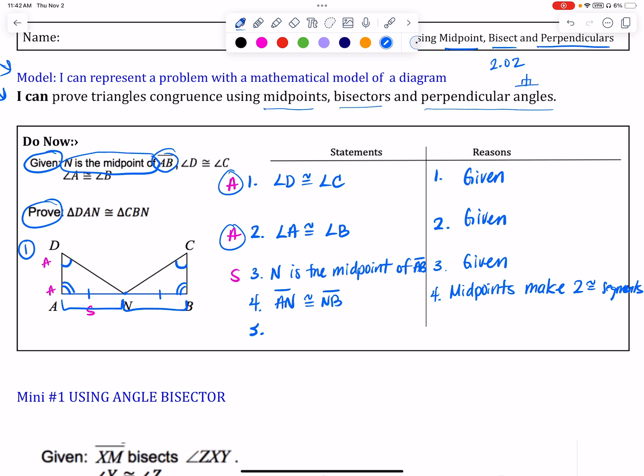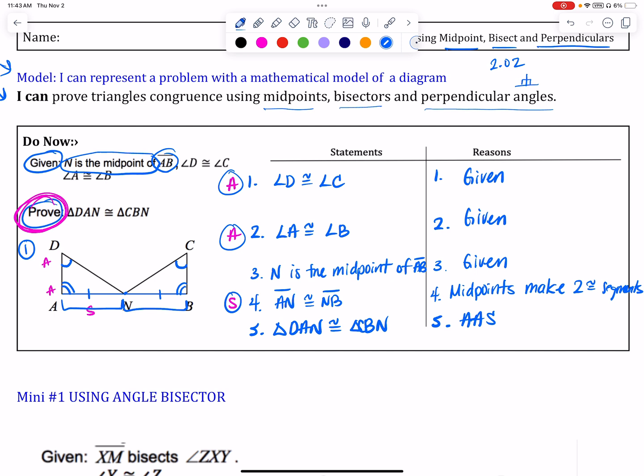And the last thing that some students have been forgetting is to always end with what you have to prove. So because we have AAS, we could say that both these triangles, DAN and CBN, are congruent because of the AAS.